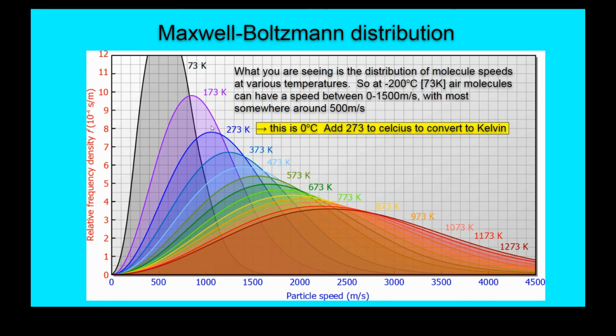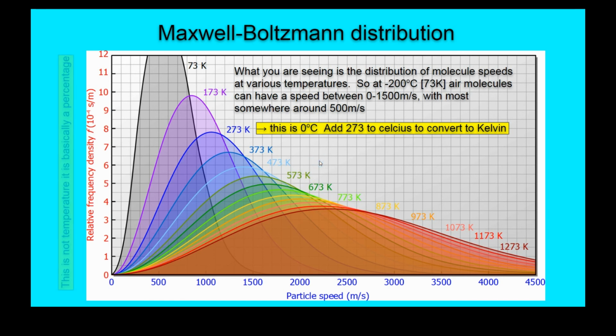If we take 273 Kelvin, 0 degrees, we can see the most frequent speed is just over 1,000 meters a second for the molecule. But you see the spread? You find them at every single speed possible. They are very uncooperative. There's no chance at all of you finding all the molecules at the same temperature.